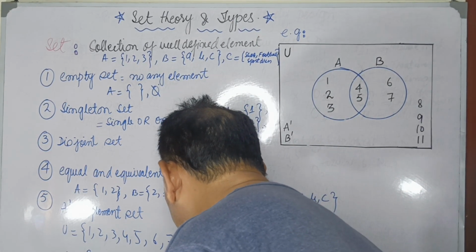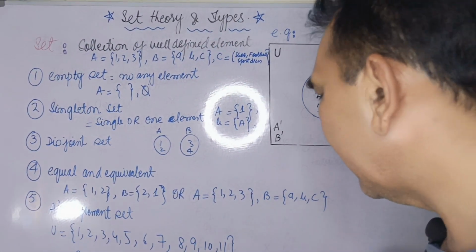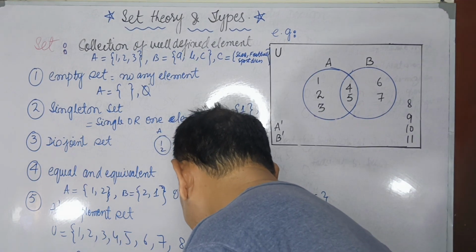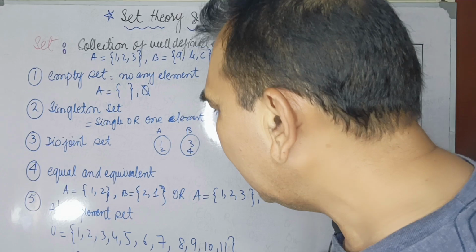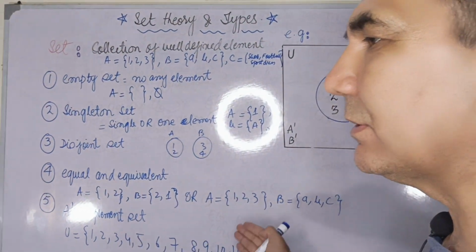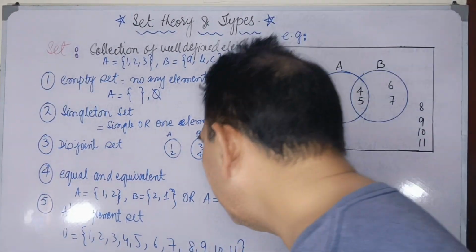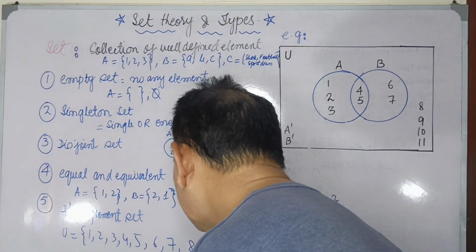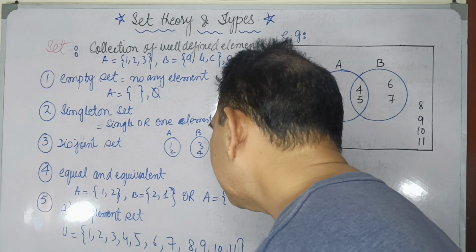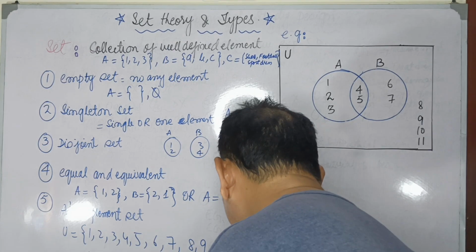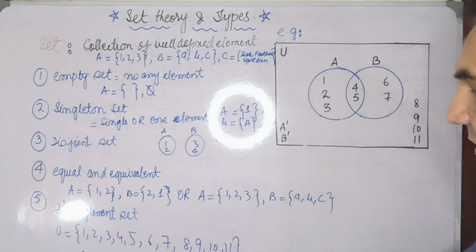When I write down the B complement, I will put the bar or apostrophe on the B. Now we will subtract the elements of B from the universal set, then we will write down the rest of the elements which are present inside the universal set. It is called the B complement. So 1, 2, 3 are left, 4 is present, 5 is present, 6 is present, 7 is present, and then 8, 9, 10 and 11. So this is the B complement set.